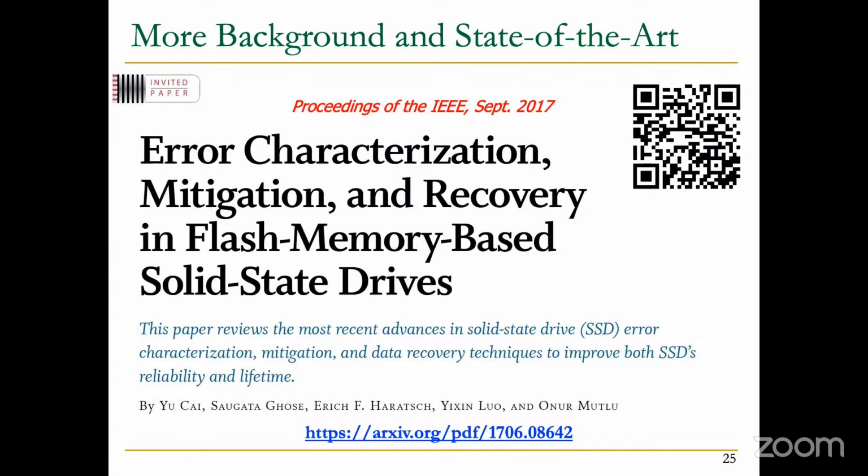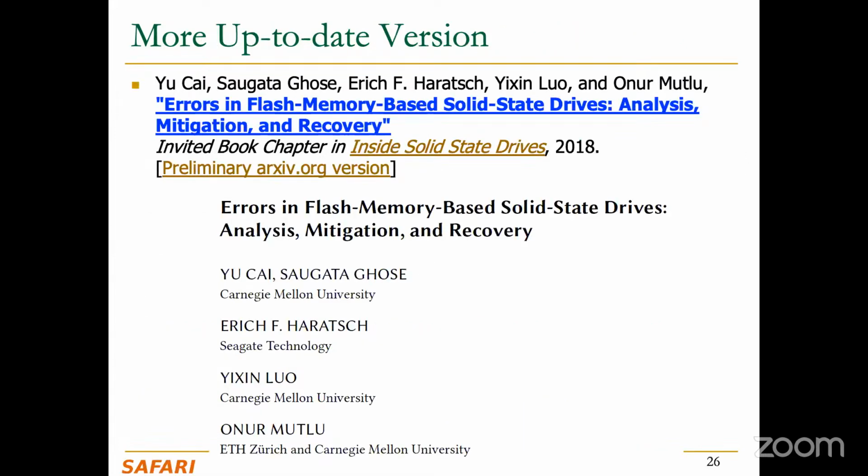This is one of the most informative papers for me, at least, because it summarizes many reliability issues of NAND flash memories. What are the challenges? What are the techniques to resolve them? I would strongly encourage everyone to check this paper. There is also a more recent version of it from 2018, as one of the chapters of the Inside Solid State Drives book.